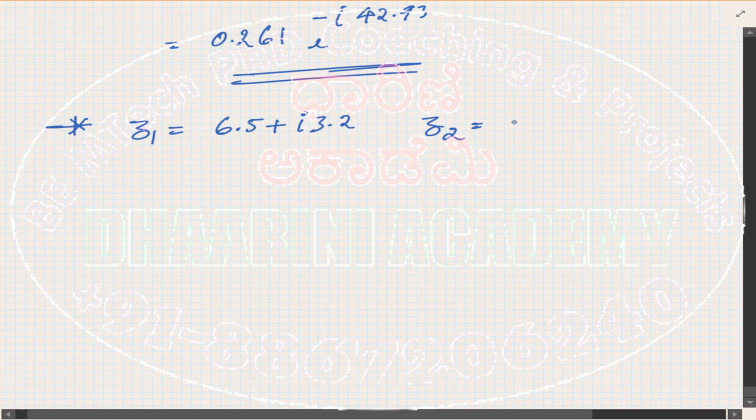Z2 is equal to minus 1.8 plus i 3.95, and Z3 is equal to minus 2 minus i into 3. Calculate.